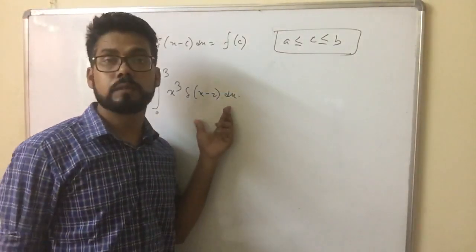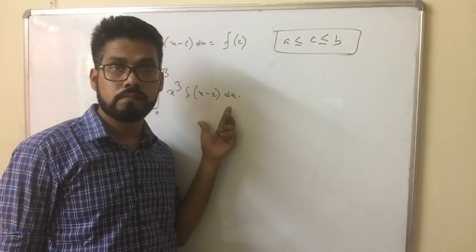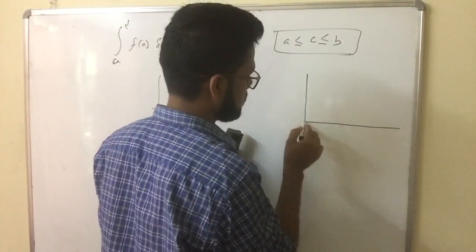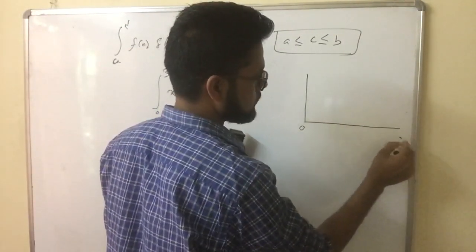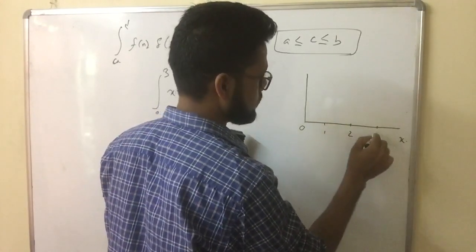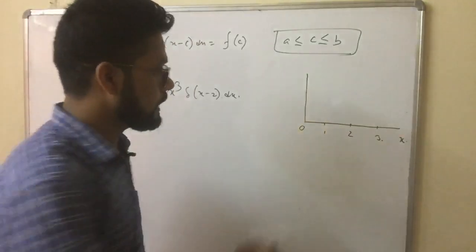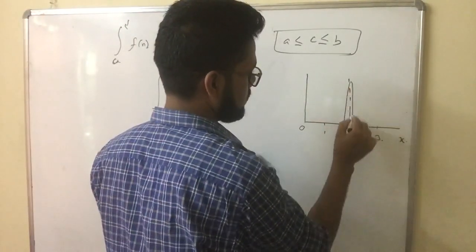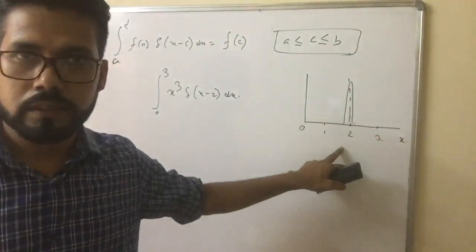The delta peak is located at which point? You see, this is 0, this is x, this is suppose 1, this is 2, this is 3. This delta peak is located at which point? Point 2.